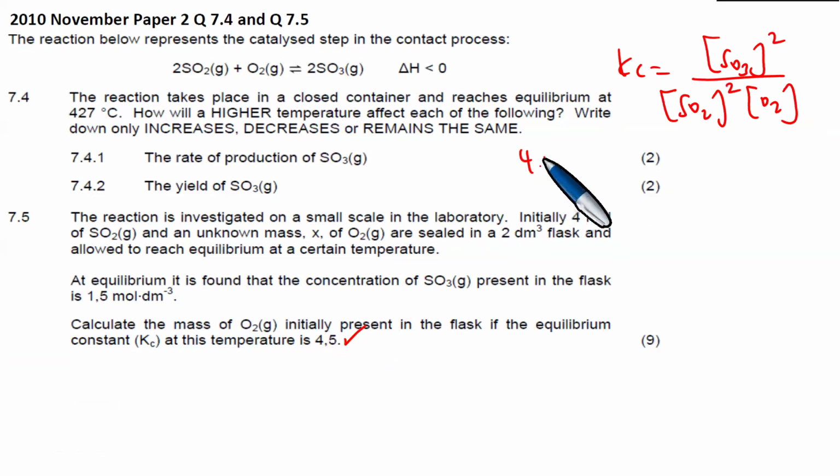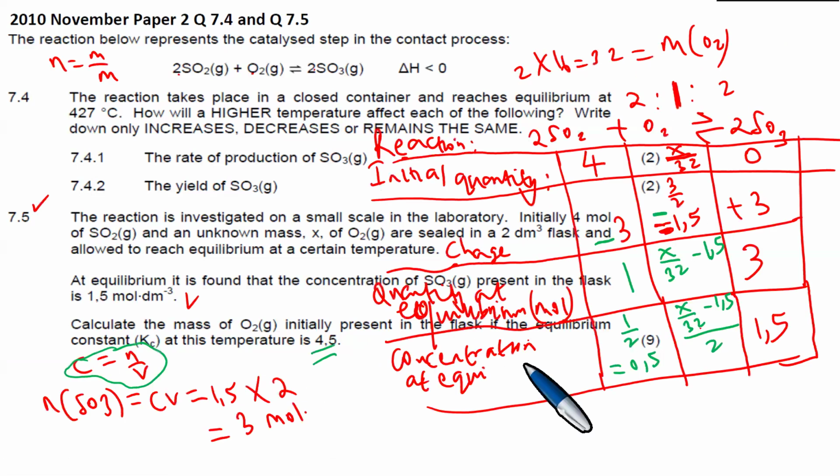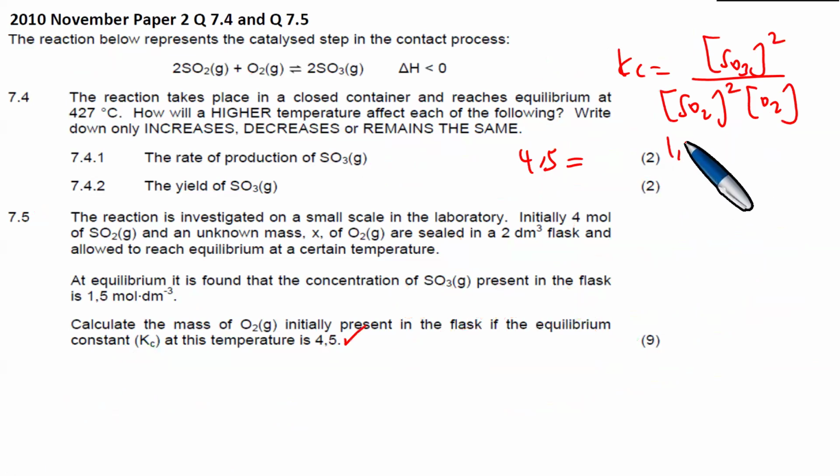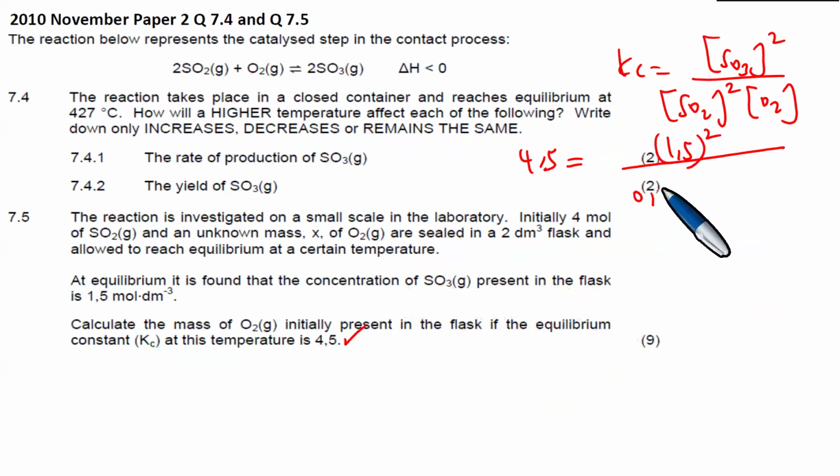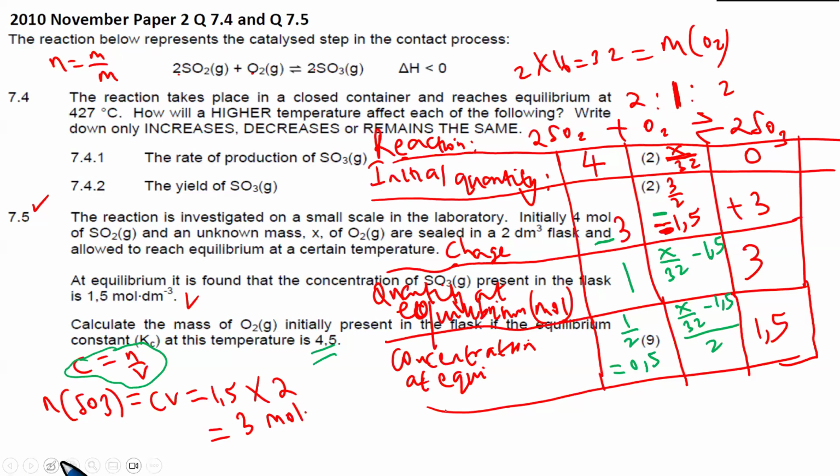So you're going to have here 4,5, and we have SO3. What is SO3? It is 1,5, you square it, divided by SO2. What is SO2? It is 0,5, you square it. What is oxygen?